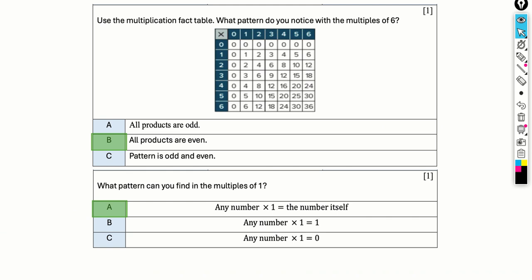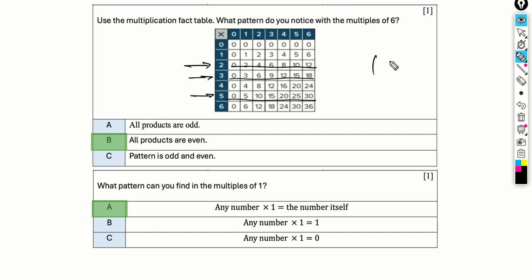I'm going to skip this, but here I just want to remind you of one thing. Any number multiplied with 1. What pattern can you find in the multiples of 1? So these are the multiples of 1. When somebody says multiple of 2, you will look at this. When somebody says multiple of 3, you will look at this. If somebody says multiple of 5, you will look at this.